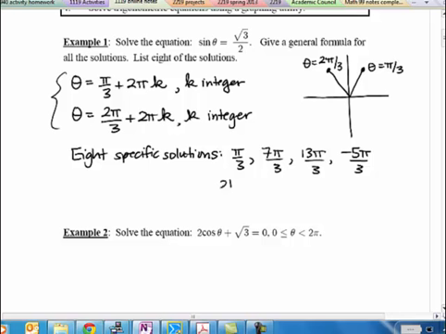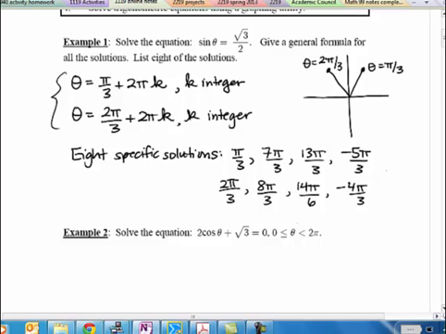And then I could do the same thing with, if I start with 2 pi over 3 and add 6 pi over 3, that would be 8 pi over 3. If I add another 6, I'll have 14 pi over 3. If I subtract 6 pi over 3, I'd have, what, negative 4 pi over 3?